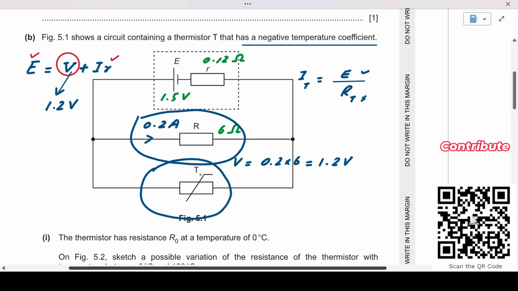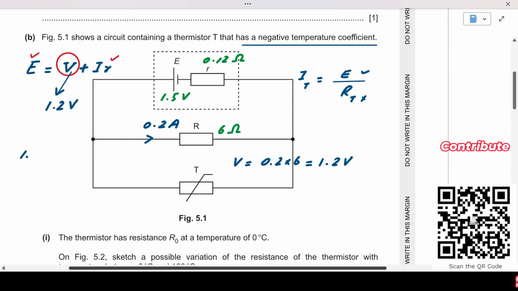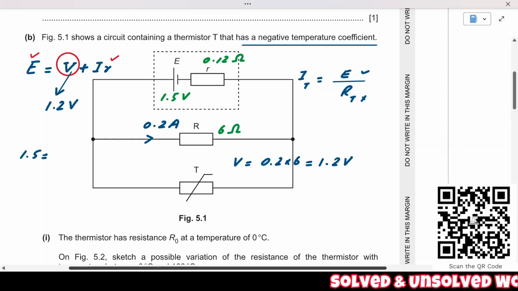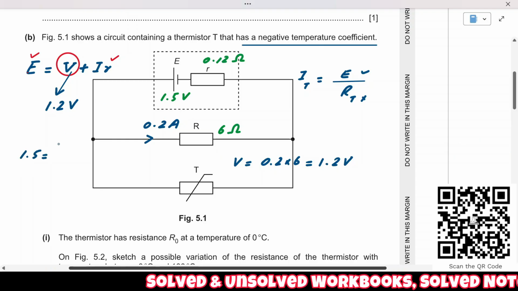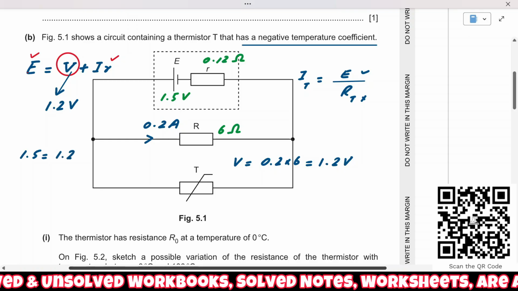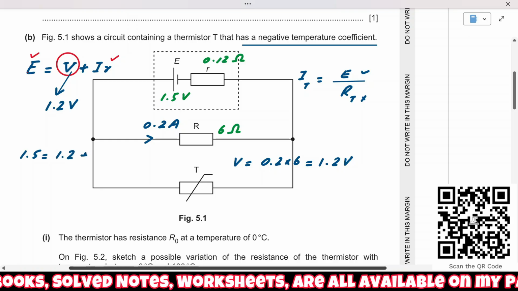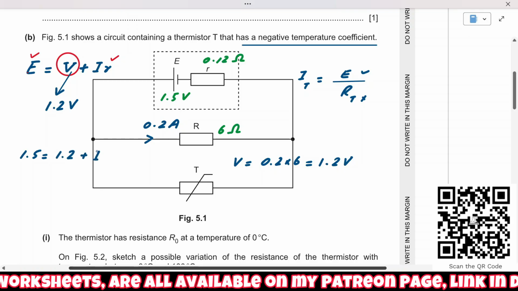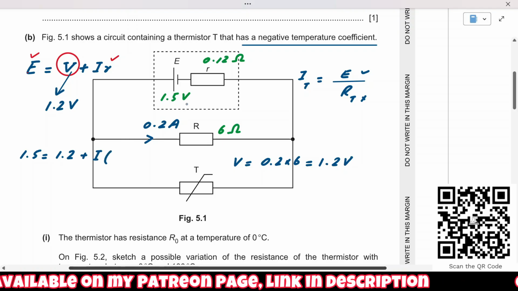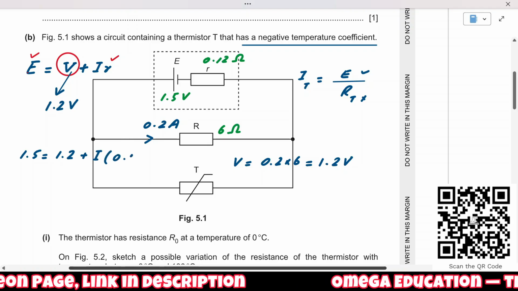So which one do we use? The one for which we are given the data. So EMF is 1.5. Terminal voltage is 1.2, plus capital I as it is, because we need to find capital I, and small r is 0.12.